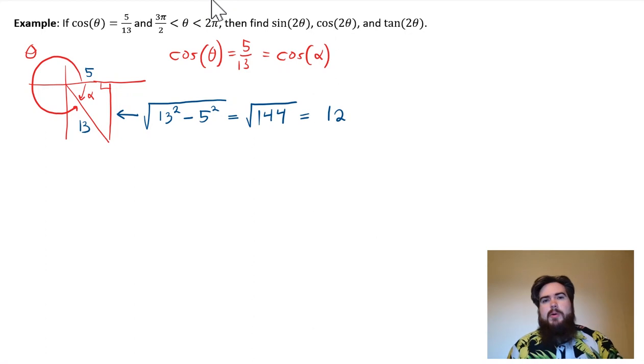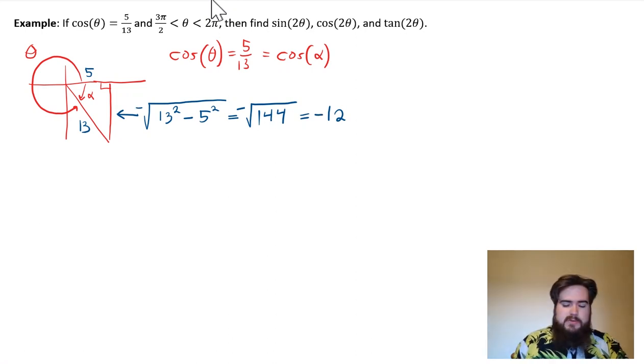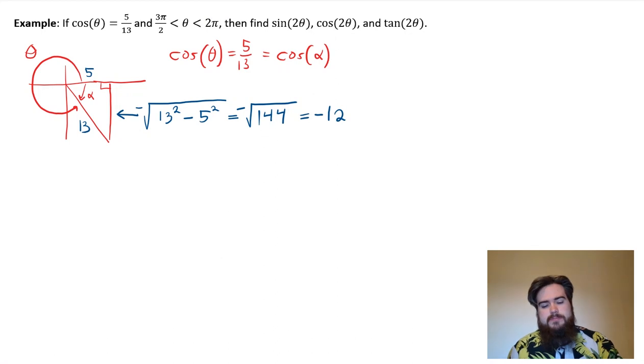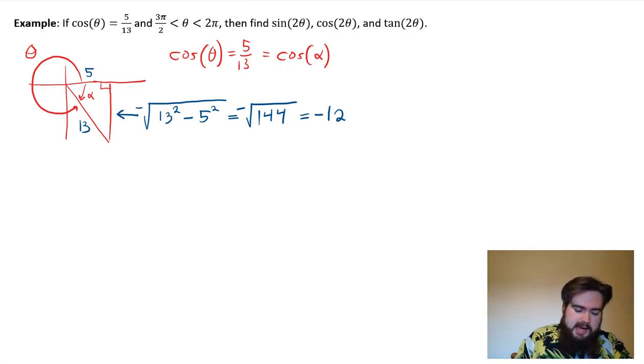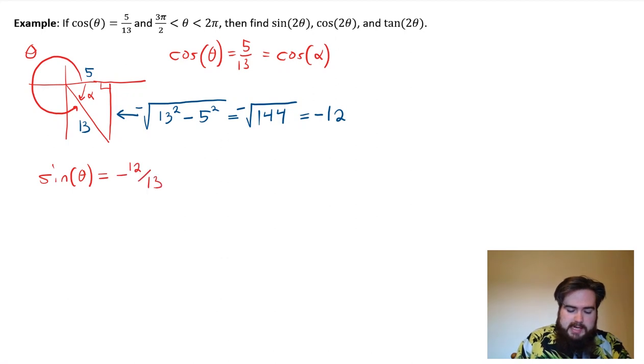More specifically, however, because this is representing the opposite side of a reference angle in quadrant 4, I should represent this as a negative side length. So I'm going to represent this as a negative 12 because of where we are in quadrant 4. From there, then, I can establish that sine of theta is therefore equal to the ratio of negative 12 over 13.